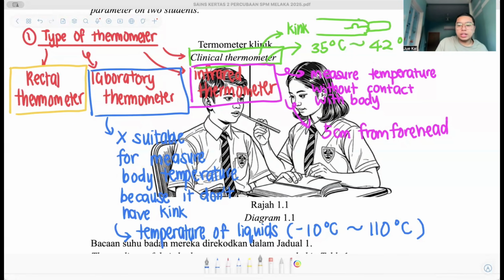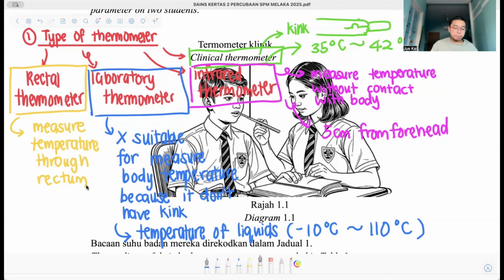So let's proceed to the rectal thermometer. The rectal thermometer measures your temperature through the rectum.